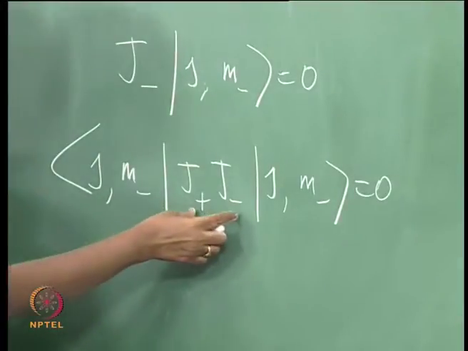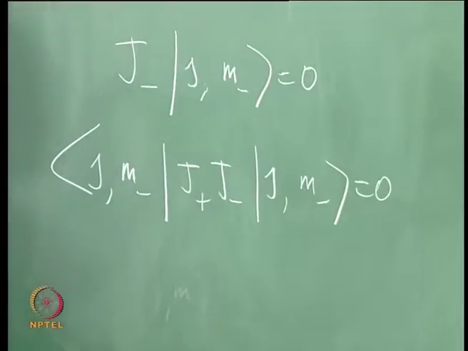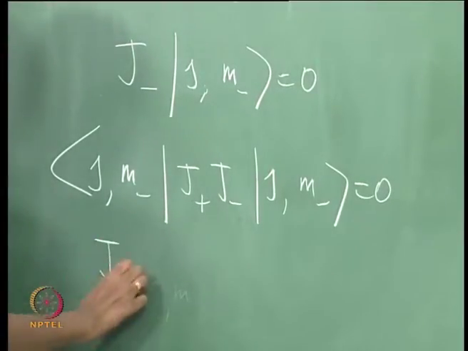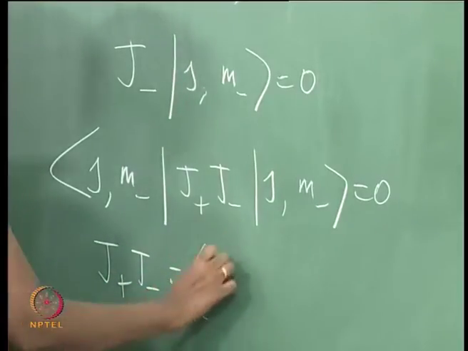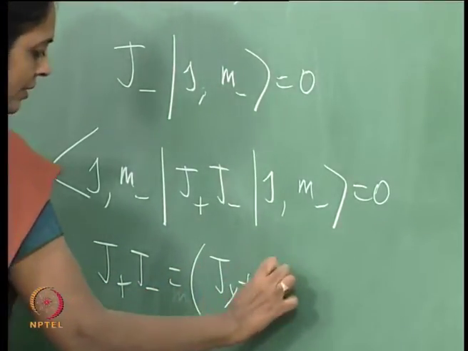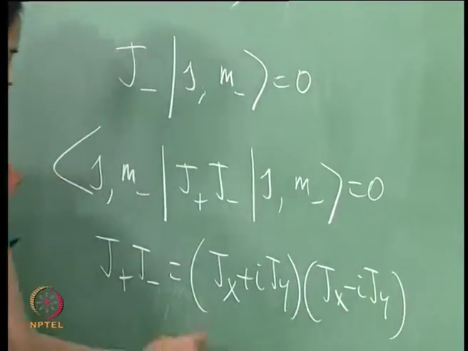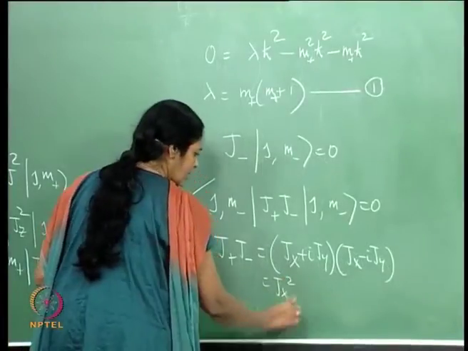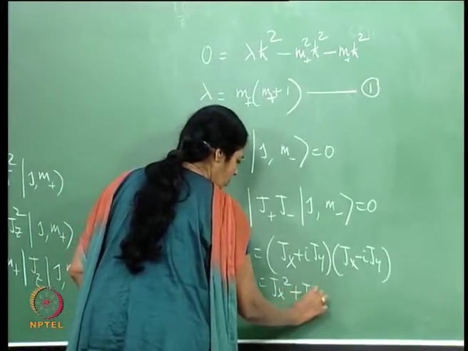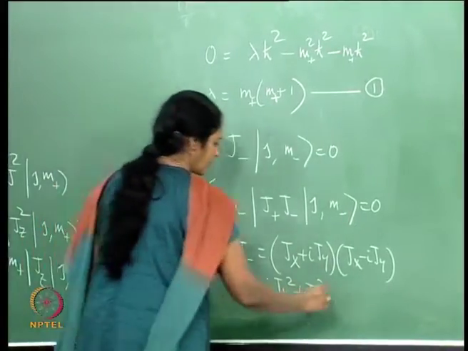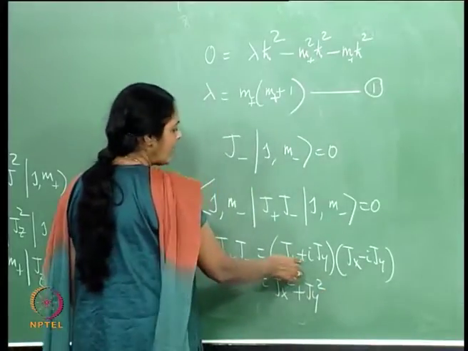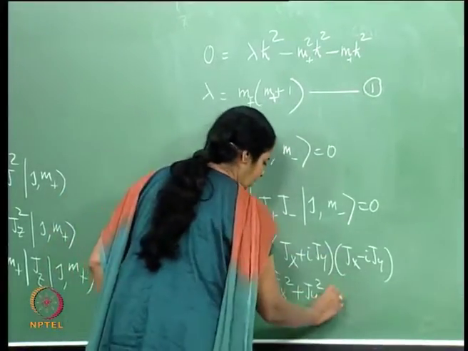But once more I can write this in terms of j squared, jz squared and jz, because the j plus j minus product is jx plus I jy times jx minus I jy, that is jx squared plus jy squared plus I commutator of jy with jx.